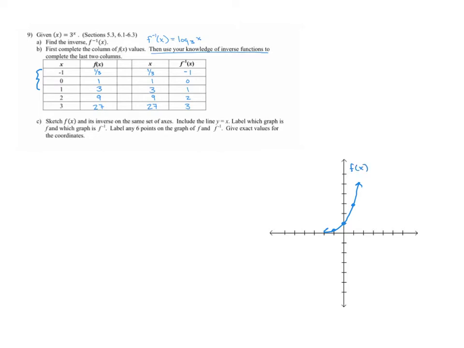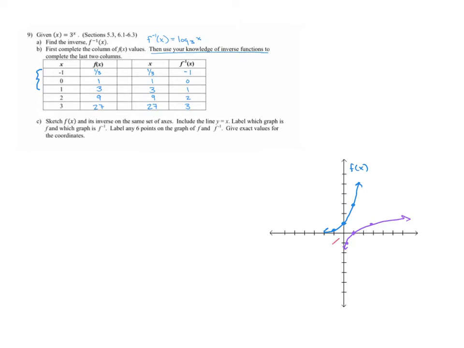F of x. Next one we want to graph is f inverse of x. So we get 1/3, negative 1, 0, 1, and 3, 1. And if we sketch our graph, it should look something like this. And finally, we want the line y equals x.